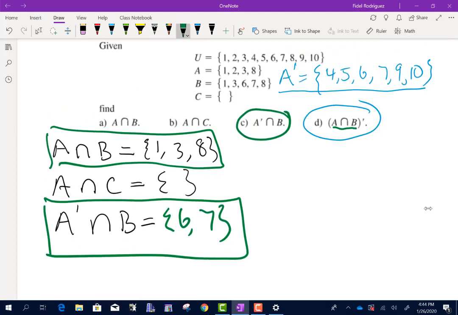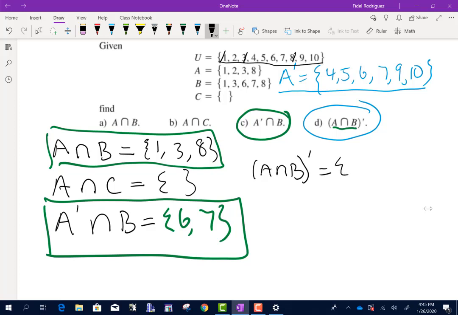So if I want to find, let me use my black marker, A intersection B complement, I'm going to pick the numbers that are here in my universal set that are not the numbers 1, 3, or 8.